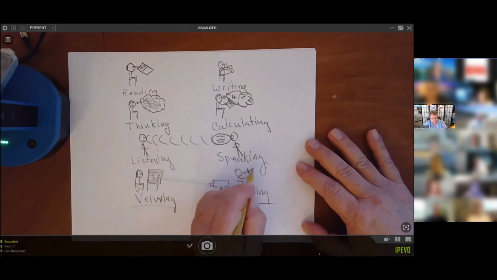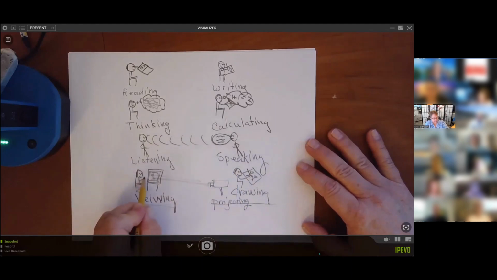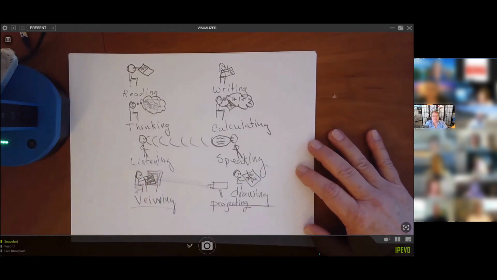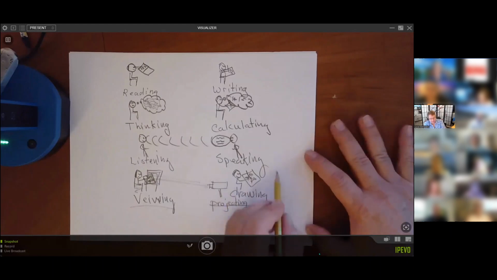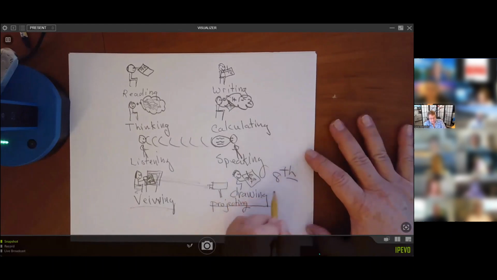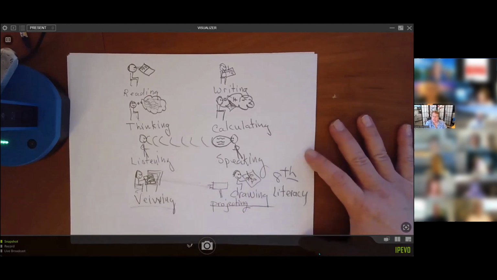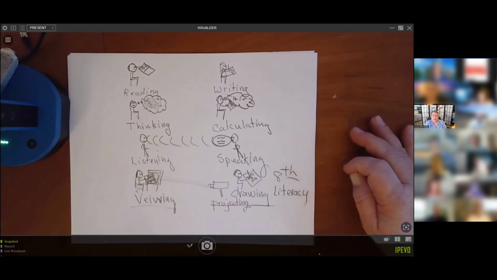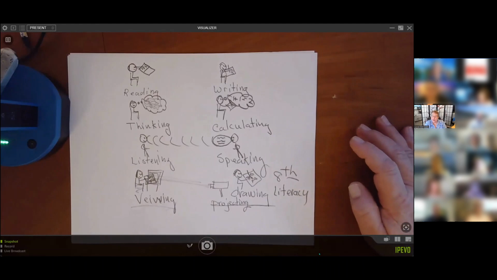So here I am drawing my ideas about one of the story pictures. And then I can give that drawing to someone else and they can view that drawing and see what I was thinking. So in this way, drawing is the 8th literacy. So one of my missions is to bring drawing into that whole framework of literacy.